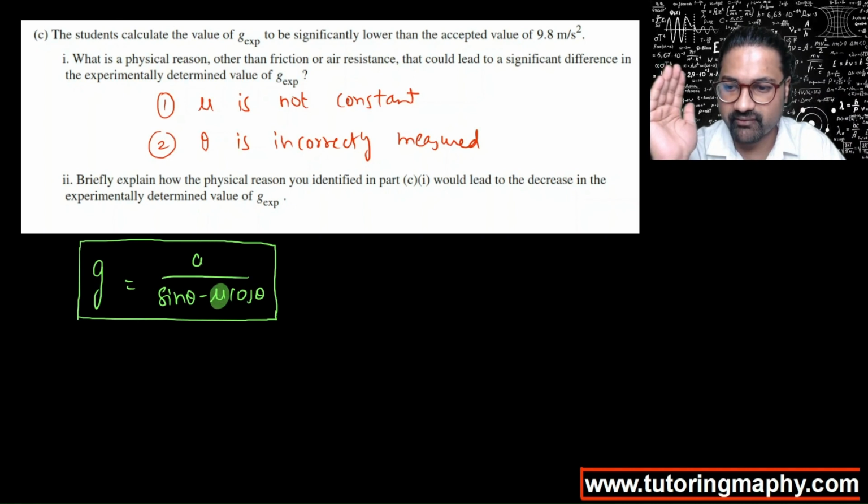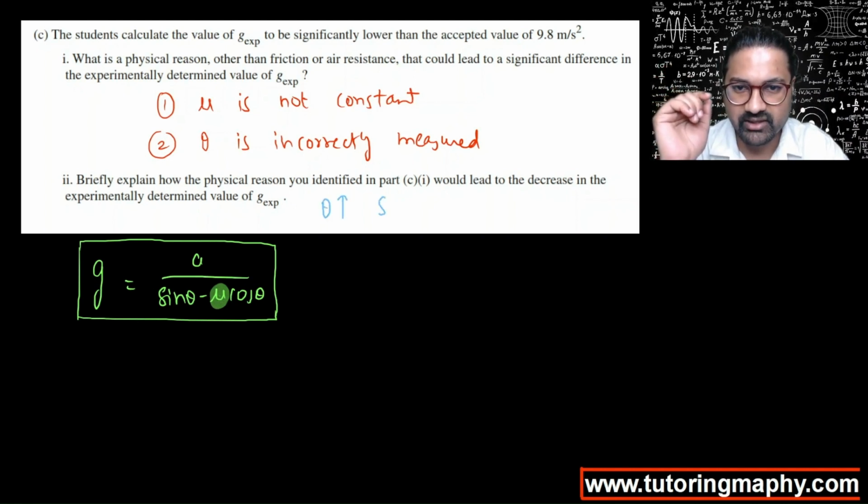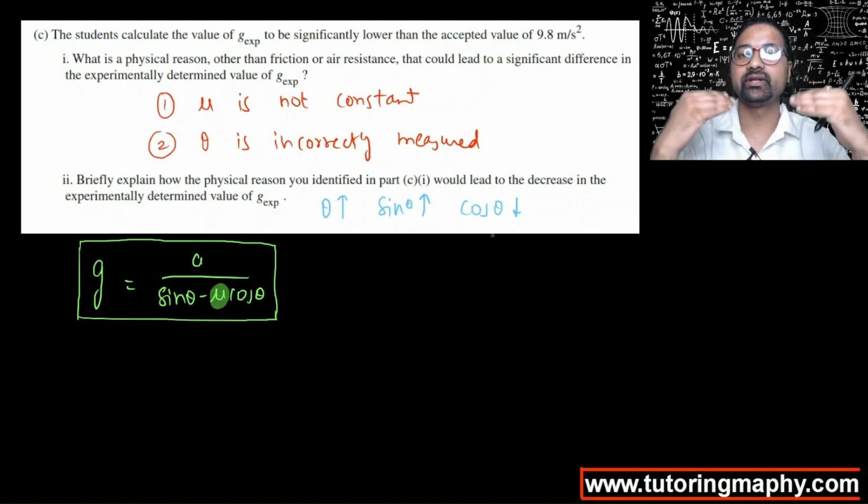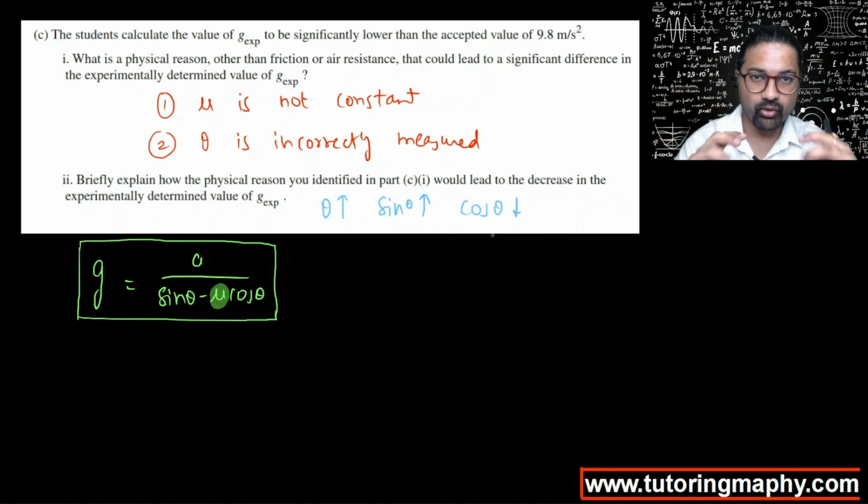If we increase the value of theta, and this is a tricky one, sine theta will increase, however cos theta is going to decrease because cos is a decreasing function. So sine minus mu times cos will eventually increase, and a over an increased value will decrease.